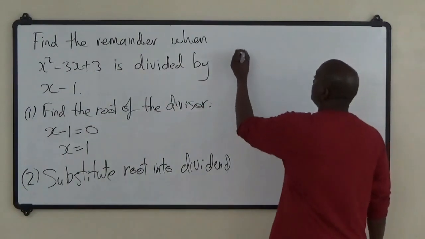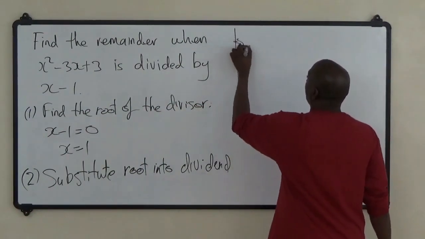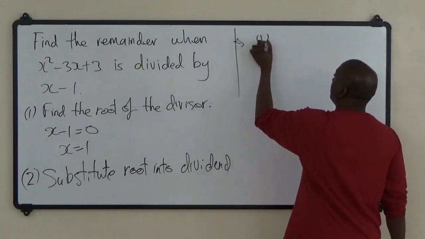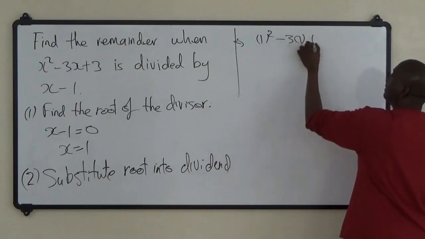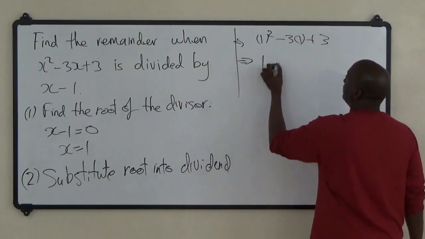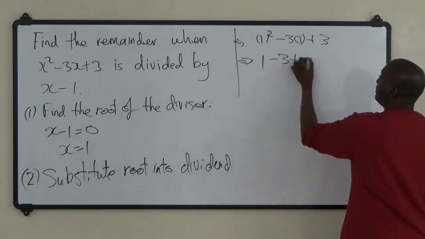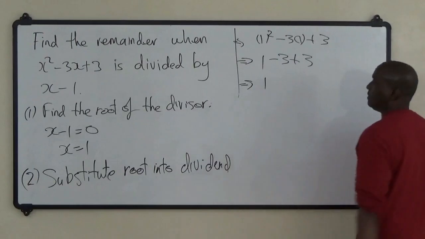So when we substitute, we get 1 squared minus 3 by 1 plus 3, which is equal to 1 squared is still 1, minus 3 plus 3. Minus 3 plus 3 is 0, and I get 1 as the answer.